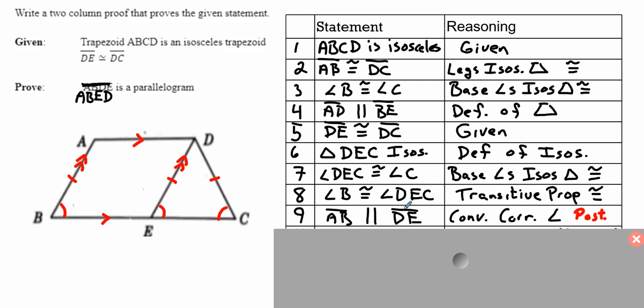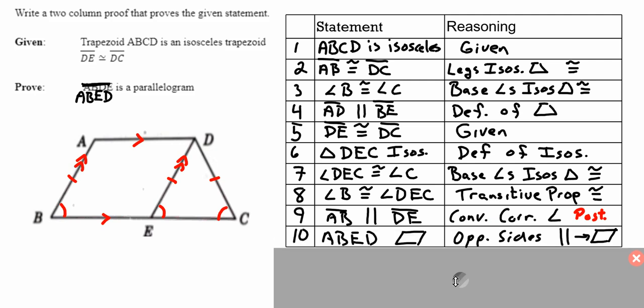That's fine, right? And now that I've got that statement in there, now I can say that quadrilateral ABED is a parallelogram because opposite sides are parallel. That makes it a parallelogram. And this is what some books will do.